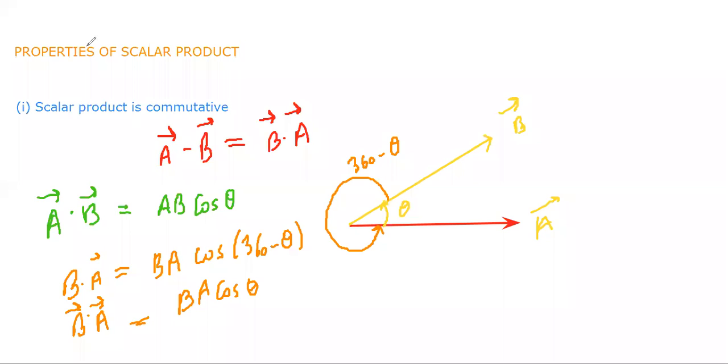The second property is that scalar product is distributive. What is the meaning of distributive property?